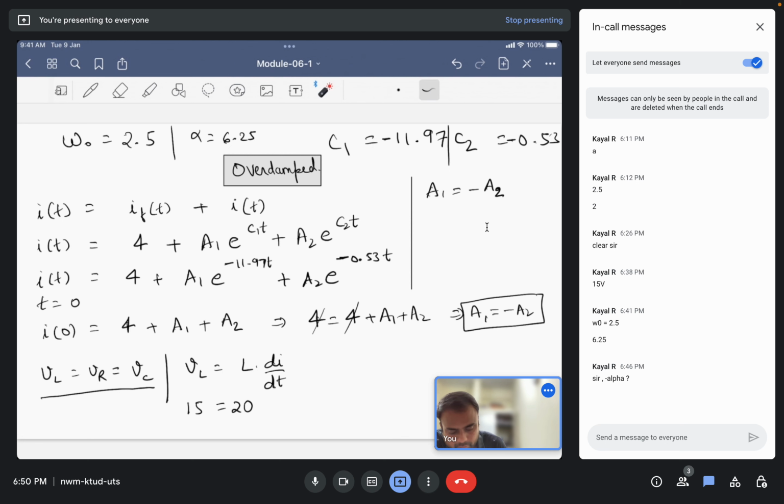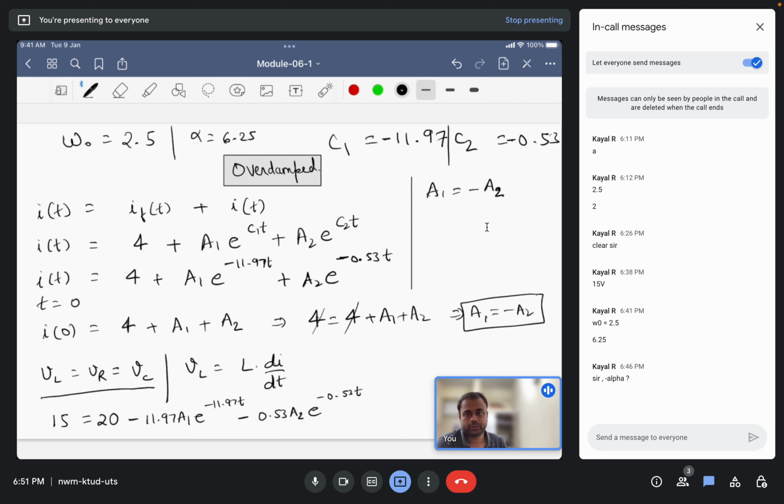So again, the differential of the constant is 0, and this will become minus 11.97 A1 e to the power minus 11.97 t minus 0.53 A2 e to the power minus 0.53 t. So now again substitute time equals 0, since the time given here is 0.